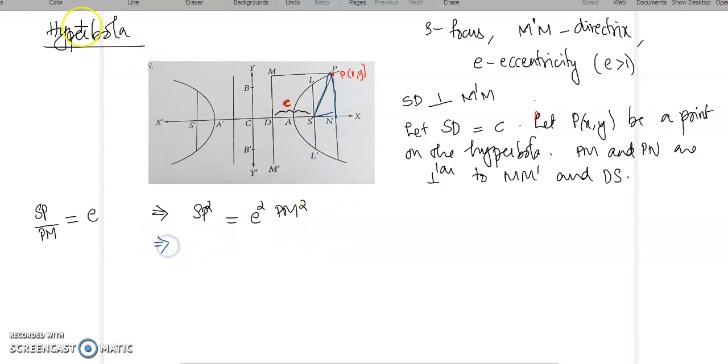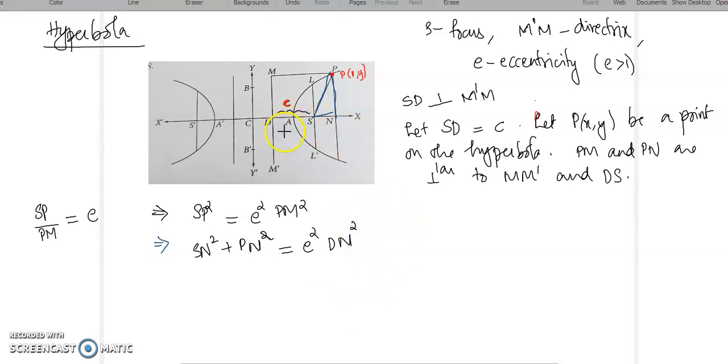So SP square will be equal to SN square plus PN square. So that will be equal to E square into PM square. PM is parallel to DN, and all these lines are perpendicular. So PM will be equal to DN. So this will give DN square.